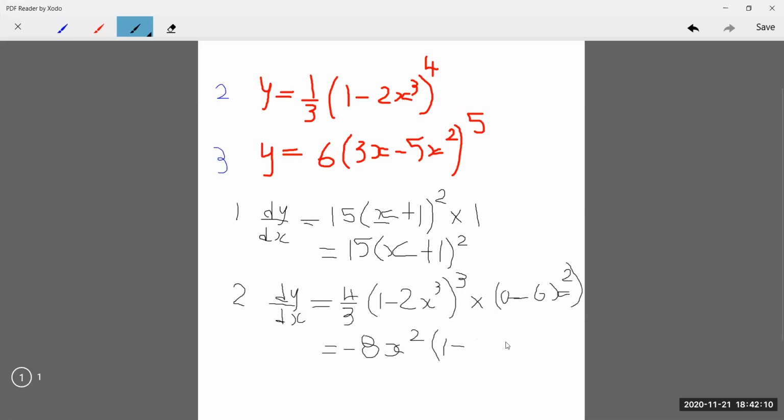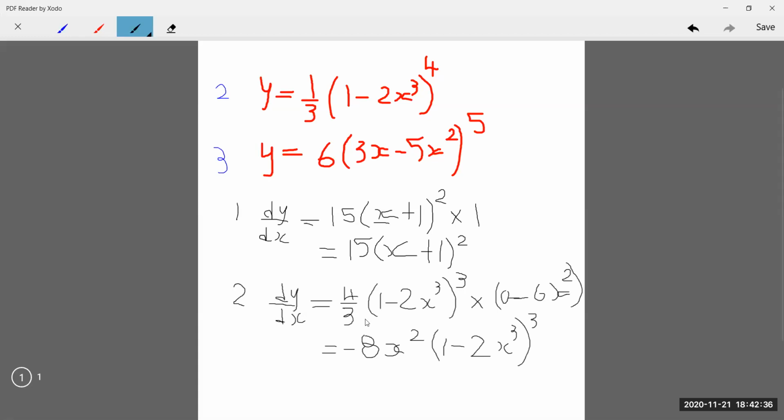You see all that, the negative 8x squared? Did you see how I got this? You take the 4 over 3 times this. 4 over 3 times 0 is 0.